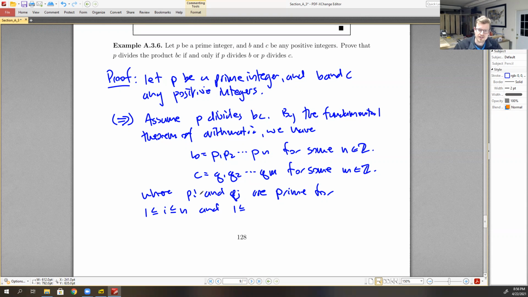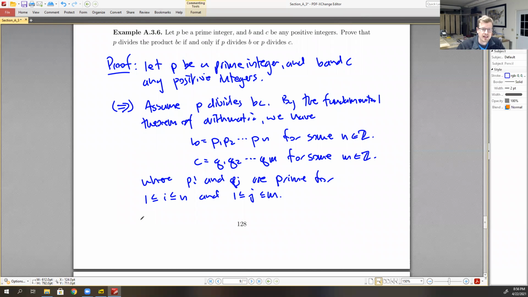I want to use different indices here, Pi and Qj. So i runs from 1 to n, j runs from 1 to n. We're saying all of these are prime and all of these are prime, because the p's go from 1 to n and the q's go from 1 to n. Simple as that.